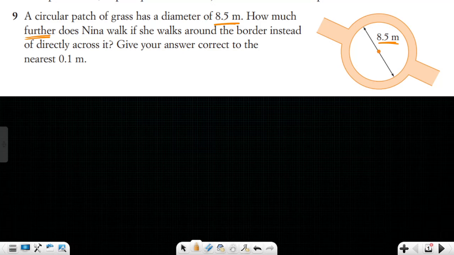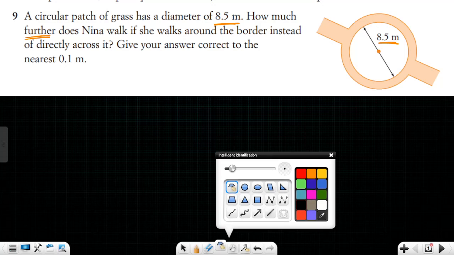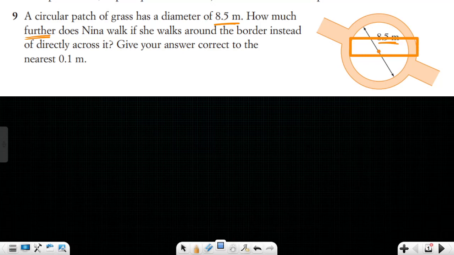Okay, so Akshita, what is my understanding? This is called walking across directly.